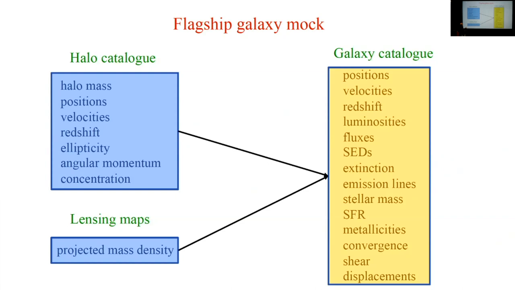So this is the information we have for the halos. And as there are no snapshots, we don't have merger trees, and that precludes doing semi-analytics. And then we also build the lensing maps, projected mass density.